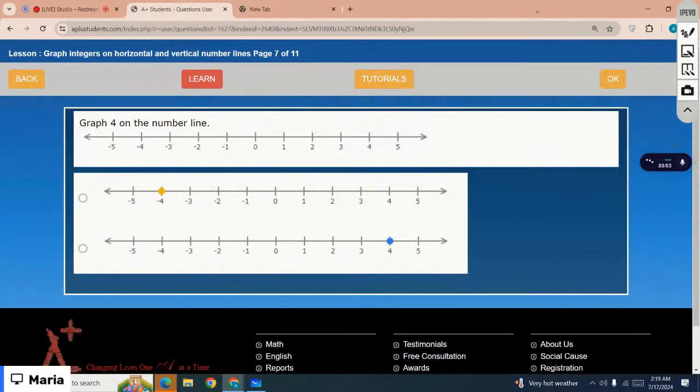Graph 4 on the number line, which is the correct option? Graph 4 on the number line. Yes, option number 2 is the correct option.